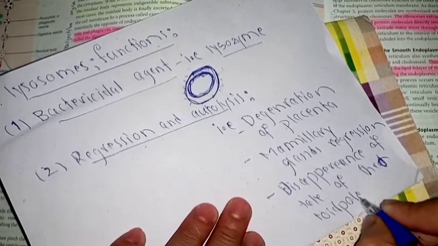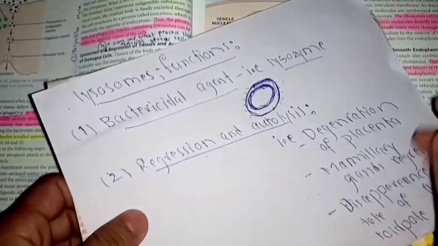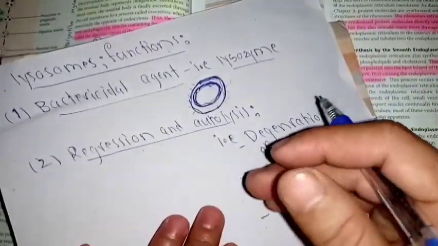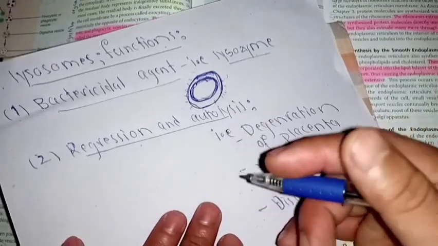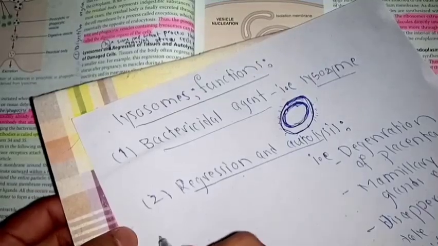So these are the examples of regression and autolysis, in which the damaged area and its damaged structures are engulfed and used for the renewing and healing of the area. This is called autolysis. Now the third function is autophagy.